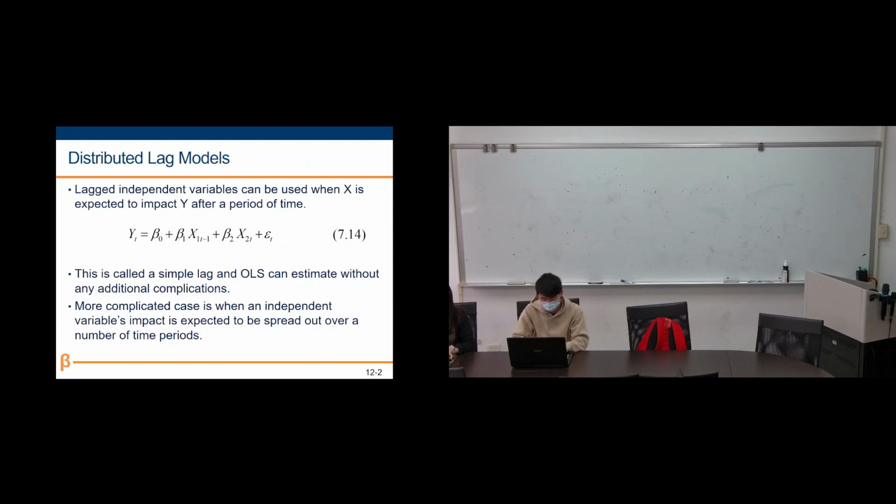A more complicated case is when an independent variable's impact is expected to spread out over a number of time periods. In other words, not only t minus 1, I may have more periods like t minus 1, t minus 2, t minus 3, t minus 4, etc. And we call this a distributed lag model.